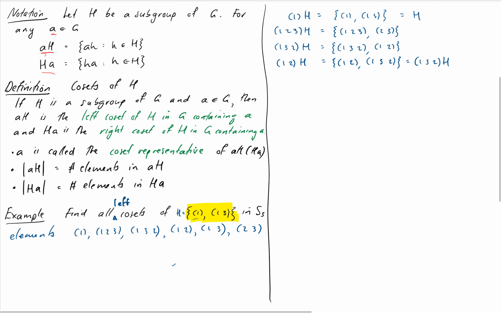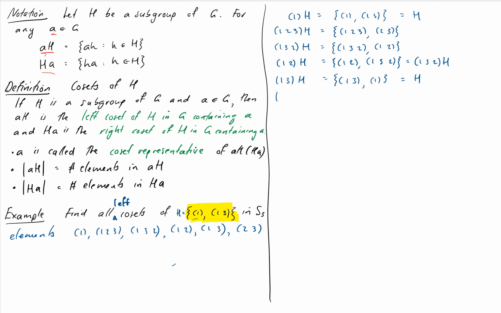We can do it again. So now we go for (1 3) times H. Again, the first element is going to be (1 3). You can possibly even guess what I'm going to get here. (1 3) times (1 3) is just the identity because transpositions are their own inverses. And so that just gives me H back.